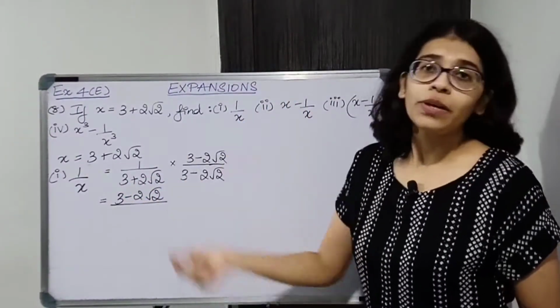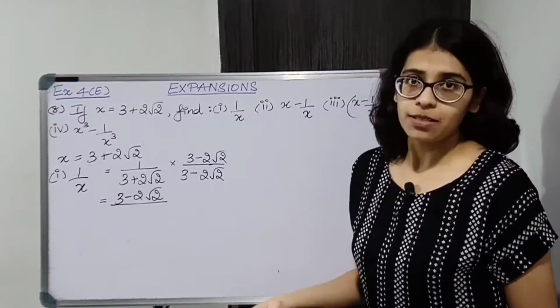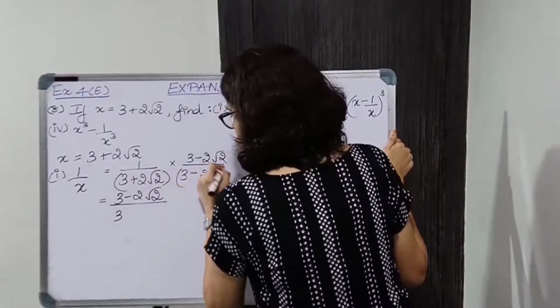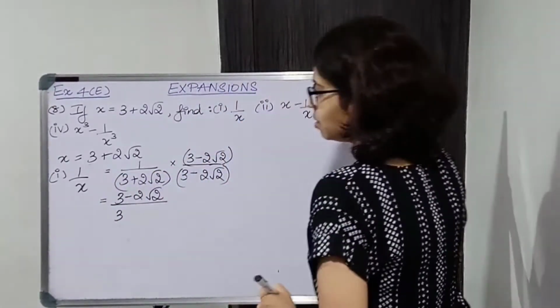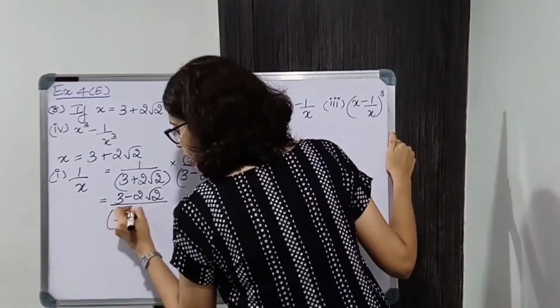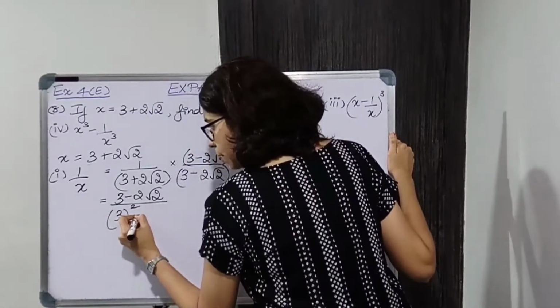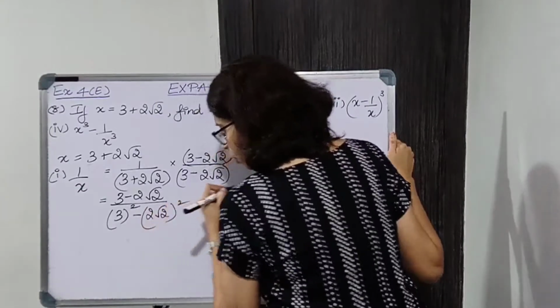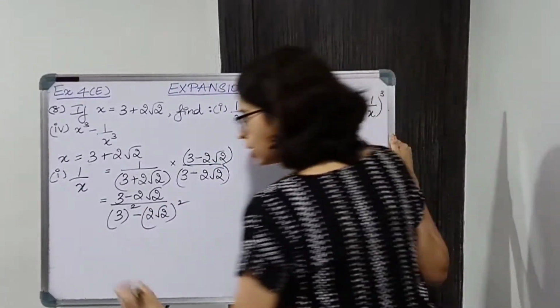What is a plus b into a minus b? A square minus b square. So put brackets. This gives 3 square, a square minus b square. B is 2 root 2, 2 root 2 square.